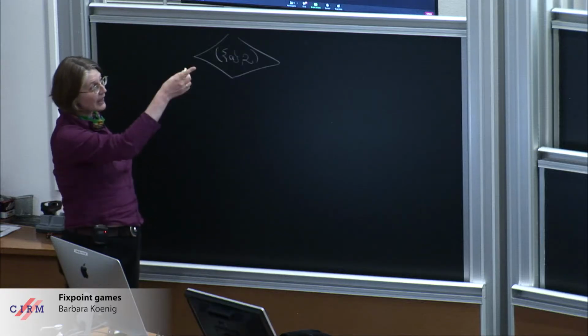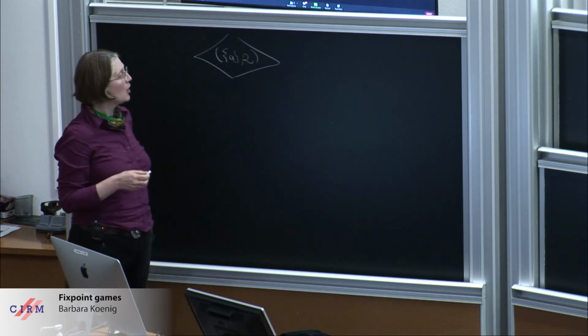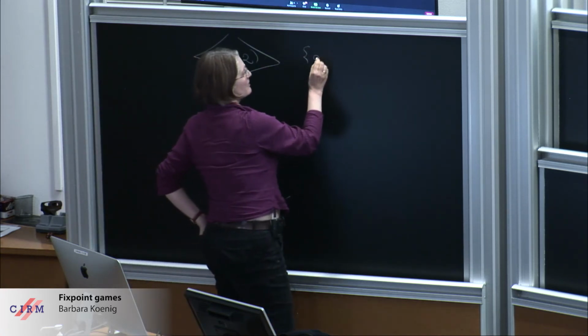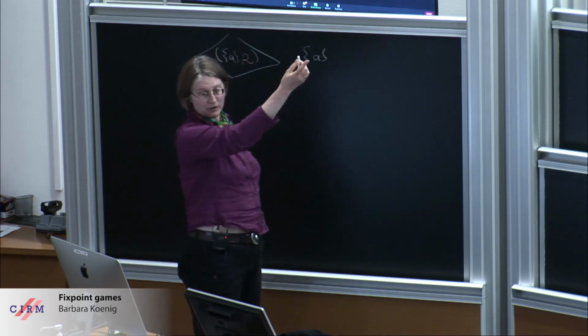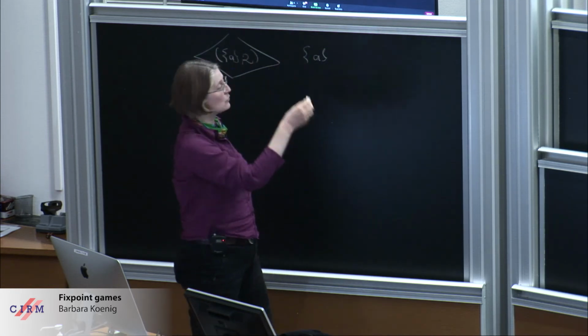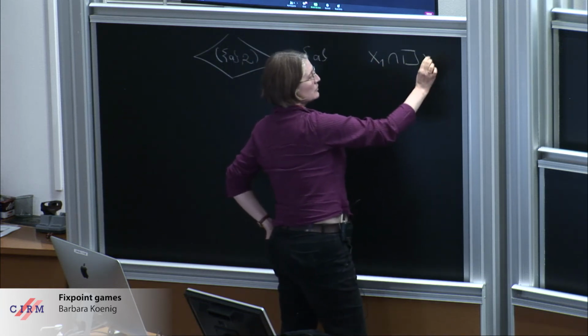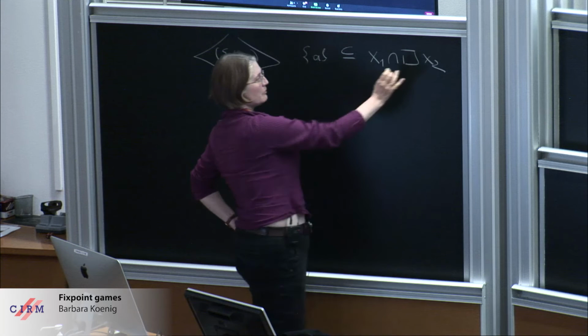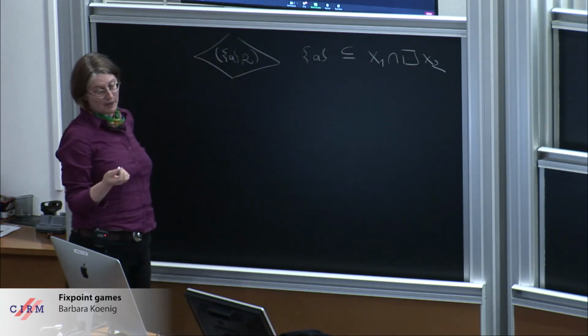What is the aim of Eve? To substitute something into the second function, f2. So I want an x1 and an x2 such that {A} is below f2 applied to them.